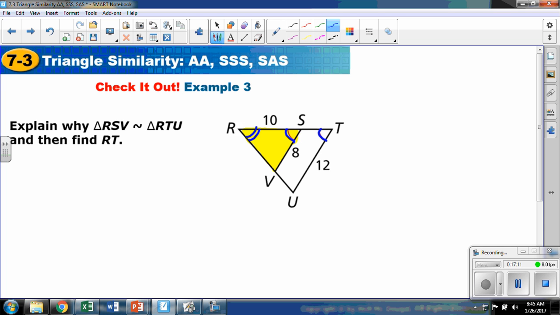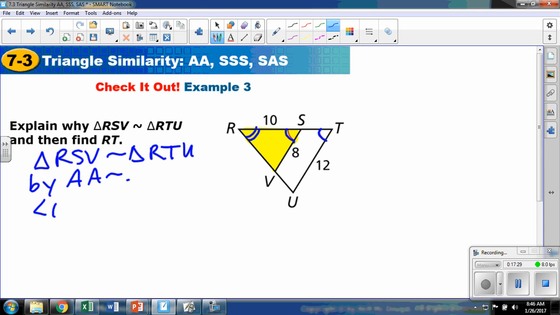So I'd be able to write up triangle RSV is similar to triangle RTU by angle-angle similarity. And I can write up those details.